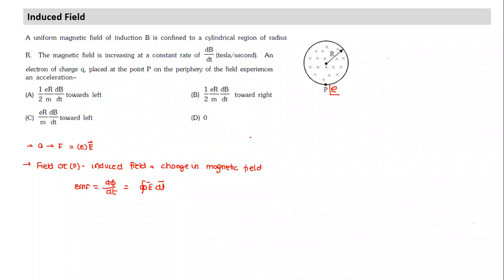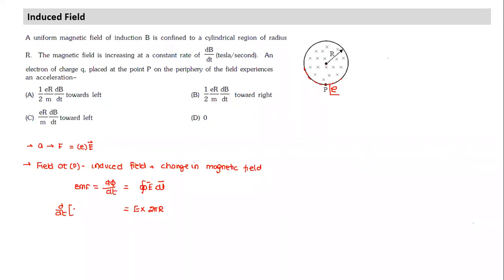Let's see. So when we write E dot dl, which loop have we taken? We have to take advantage of symmetry. So the loop is passing through point P, with the same radius r. So this part is simple. The integral of E dot dl will be equal to E into 2 pi r. And what is d phi by dt? It is d by dt of the flux through the area bounded by the loop. What is the area bounded by the loop?